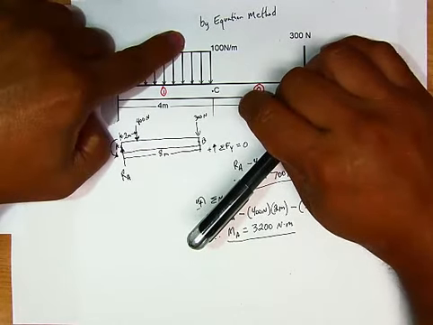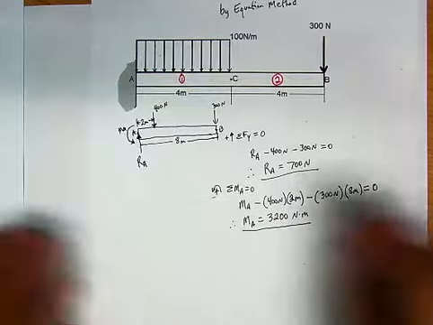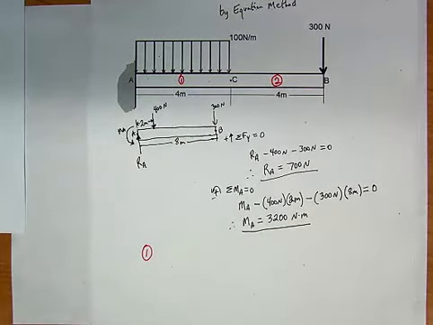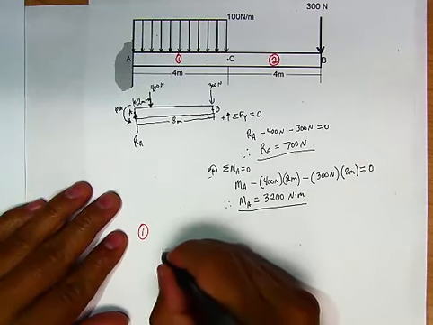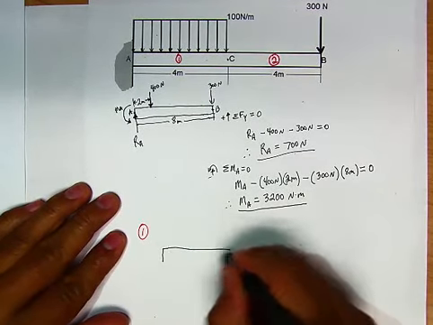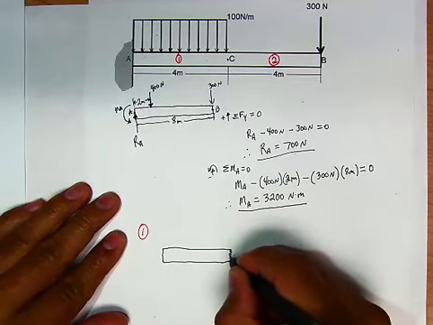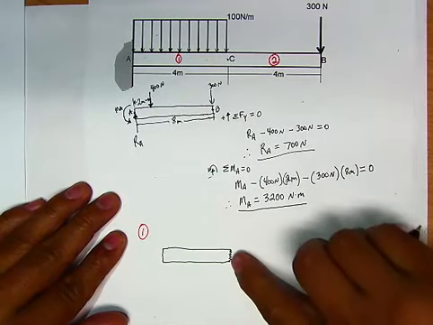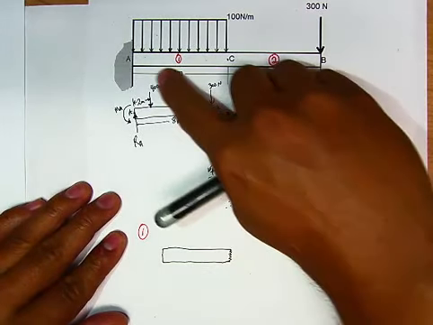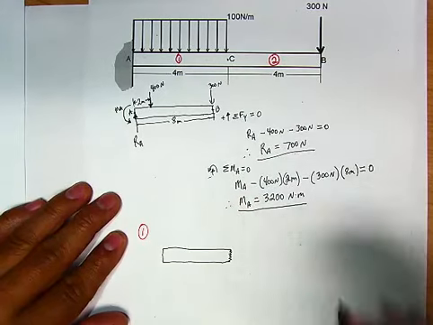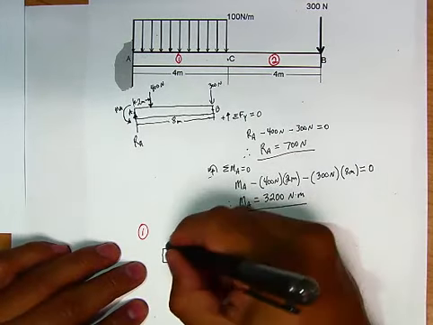We're going to make a cut, and that will be our section 1. So we're going to draw part of that beam. Where we cut, we don't know; we just know that we made a cut somewhere here, not exceeding C. That is the main point.